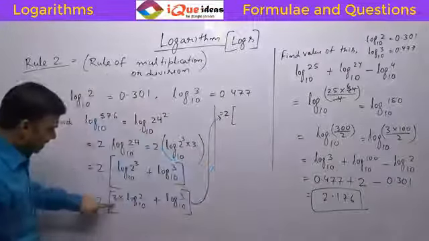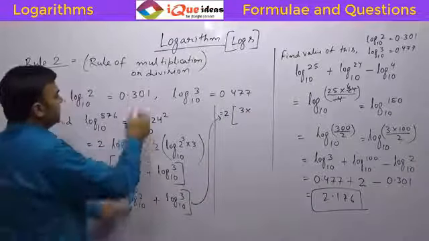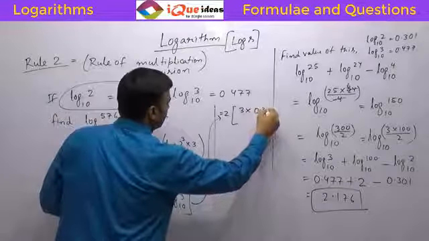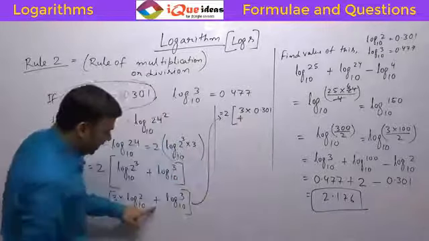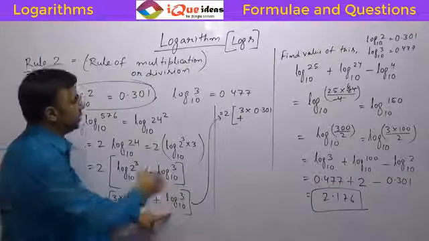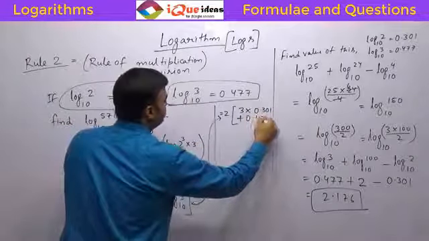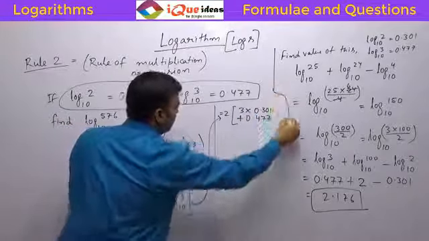into this 3 that is already there, into log 2 to the base 10, which is given here as 0.301, and then this plus sign, and then log 3 to the base 10, which is 0.477. So you have to add them carefully, right?